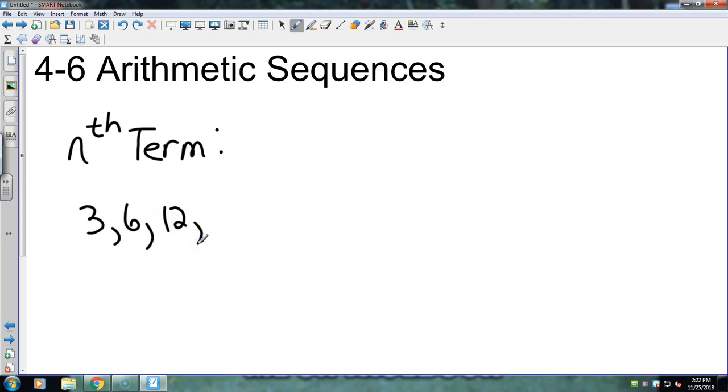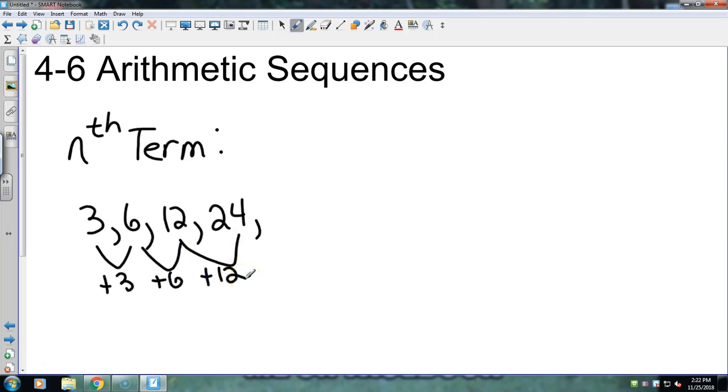If I have something like 3, 6, 12, what would my next one be? If I ask you to find maybe the next 3 terms, from here to here we're going up 3, from here to here we go up 6, from here to here we go up 12.